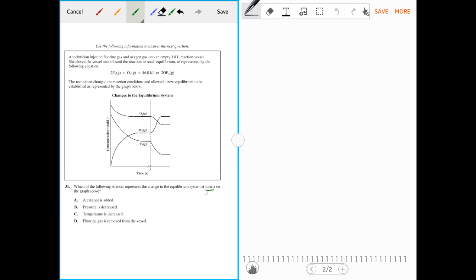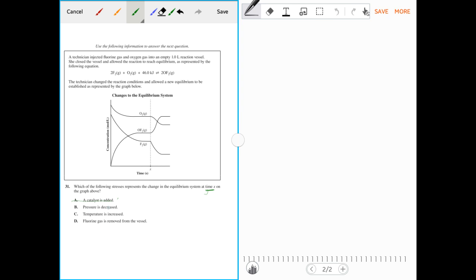So potentially, if we saw a different set of data where this equilibrium at time x was met in a quicker manner than in another situation, then maybe we could think that the catalyst was plausible. But based on what we see here, we haven't increased the rate of anything because there's nothing to compare it to. So a catalyst being added doesn't really affect our shift in equilibrium, and it doesn't change our equilibrium constant. So we'll just put a line through that one.